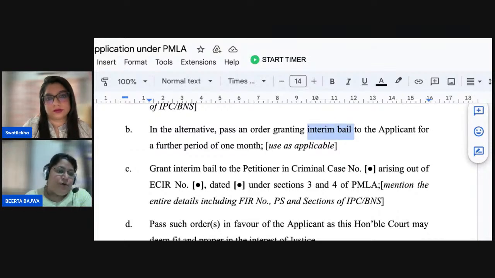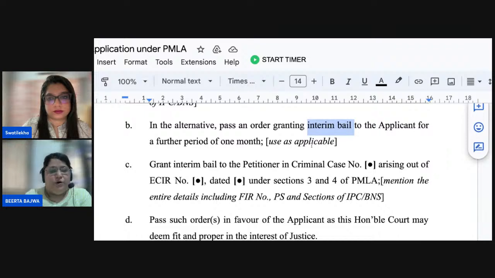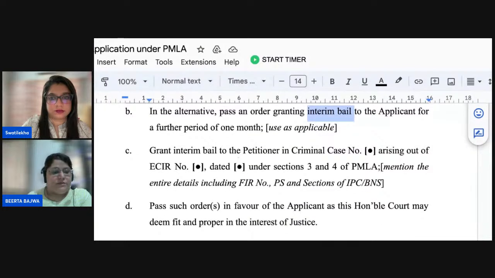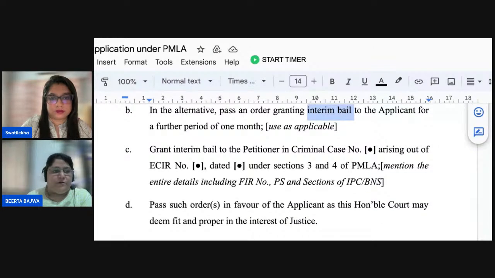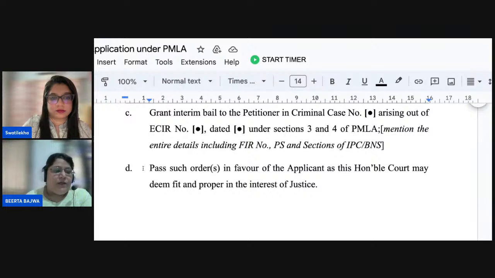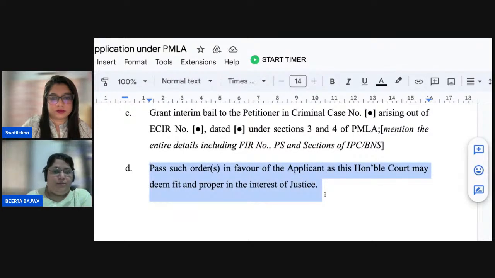The majority of it being medical reasons, that he is not well, or somebody in his family is not well, because of which there is nobody to take care of that person, and he is the only person who can take care of that person, and that is why he needs to be released on interim or temporary bail.